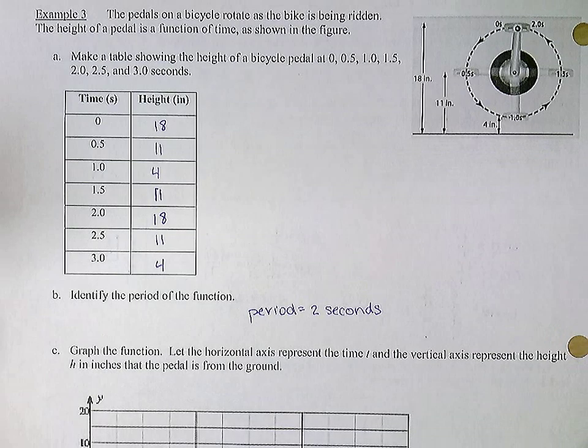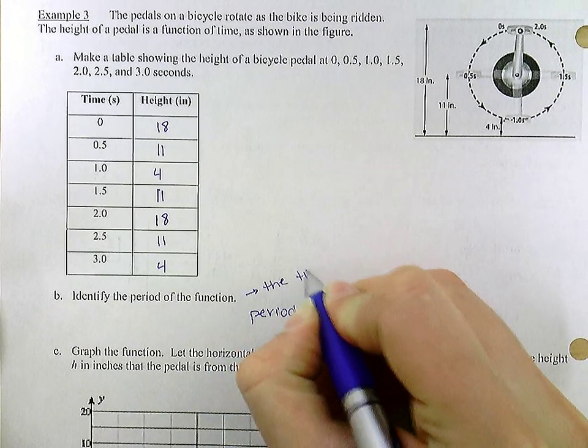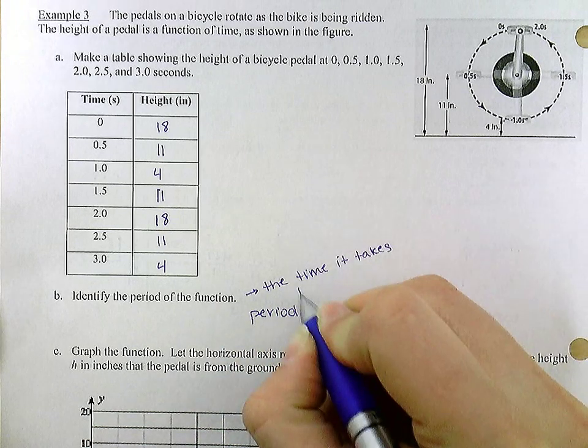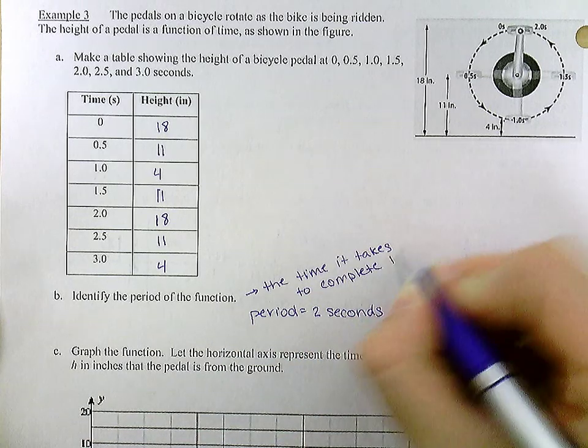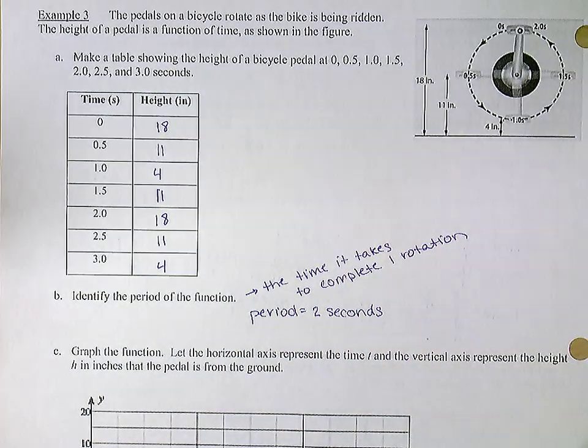That's where it starts repeating, and that would be the time it takes to complete 1 rotation, is another way to think about it. How long did it take to complete 1 rotation? That was 2 seconds.